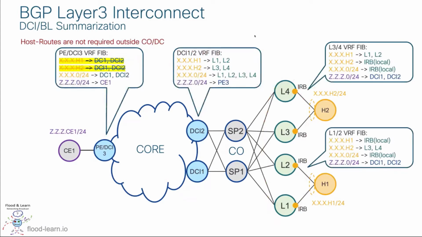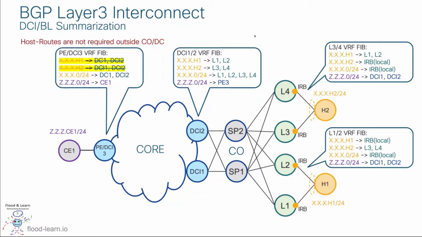Now the question is why? What is the main reason that I'm terminating the service directly on the DCI? So first, let's look at the forwarding table. Let's for a second forget completely the control plane or the data plane. Let's just look at the forwarding information which each router needs to have in the FIB.